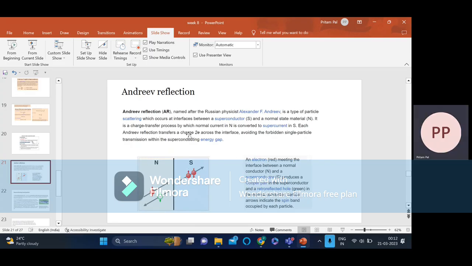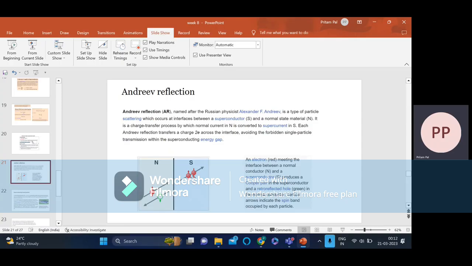Each Andreev reflection transfers a charge of 2e across the interface. That is obvious, right? One more electron is transferred, so two electrons, charge 2e, across the interface, avoiding the forbidden single particle transmission within the superconducting energy gap.